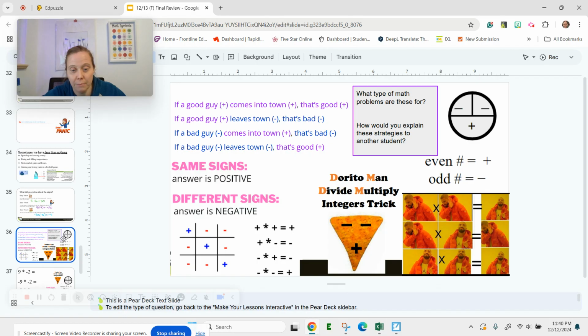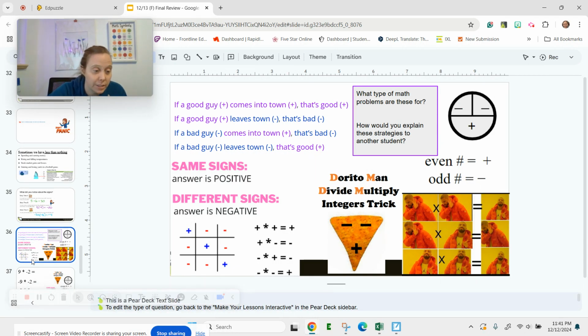We could also think about if they have the same signs, the answer is going to be positive. If the signs are different, then the answer is going to be negative. And then we had this little weird face, either Dorito Man face or our weird, goofy, strange plus minus face over here. Again, helps us to solve those integer problems.